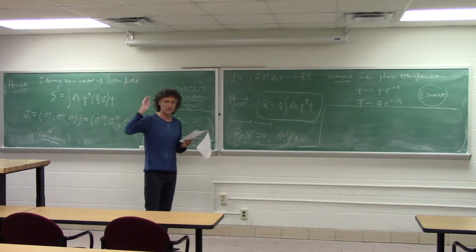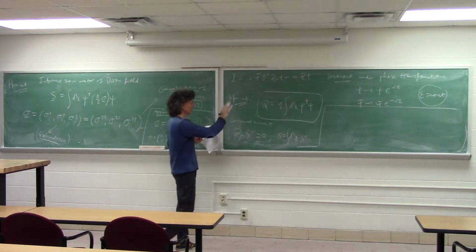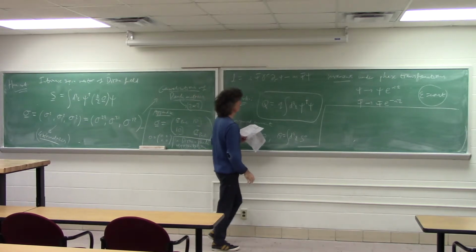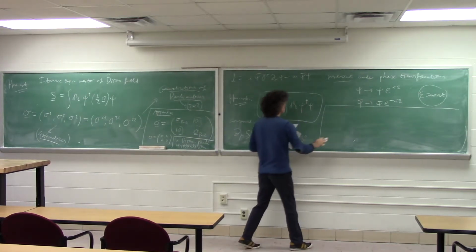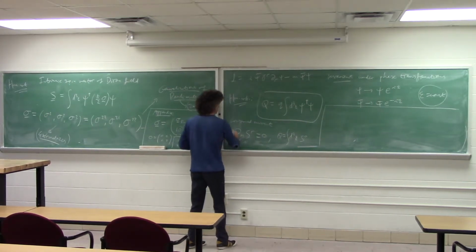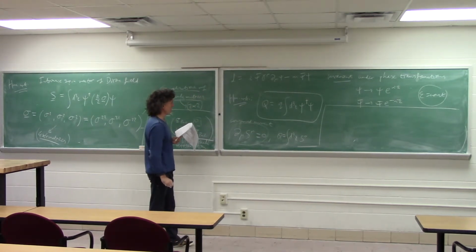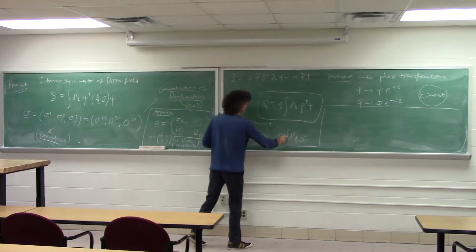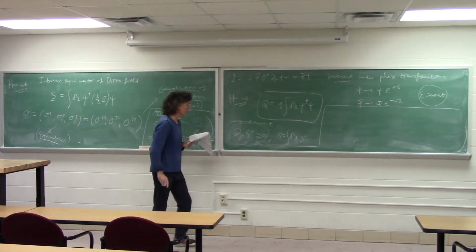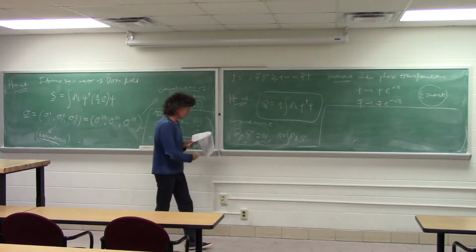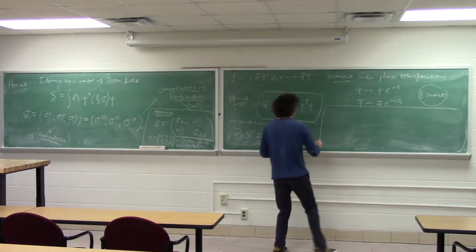Just recalling the general formalism, the invariance of the Lagrangian density under a continuous symmetry implies a local conserved current like this, and if you integrate the time component over all space, you get your conserved quantity. It's interesting to note the conserved current.